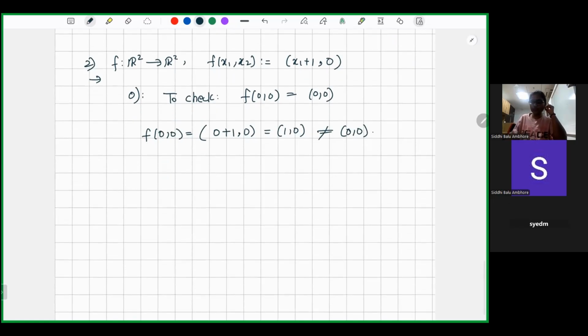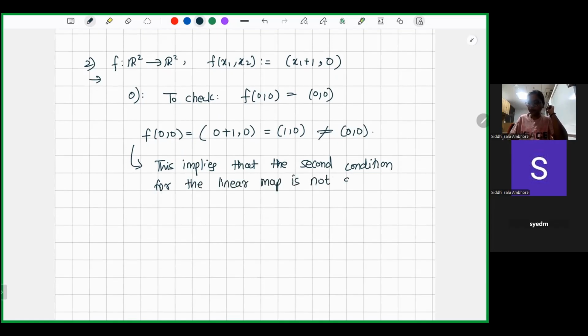So this implies that the second condition for the linear map is not satisfied when the scalar a is 0.